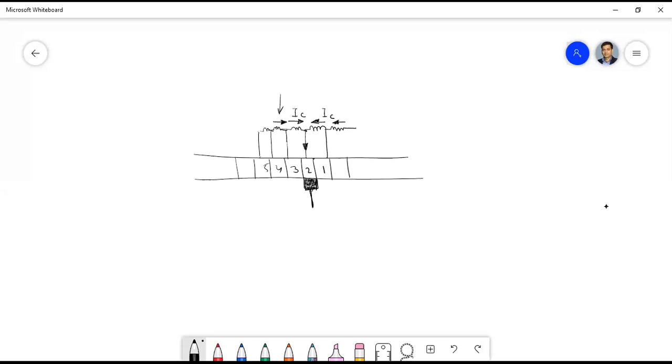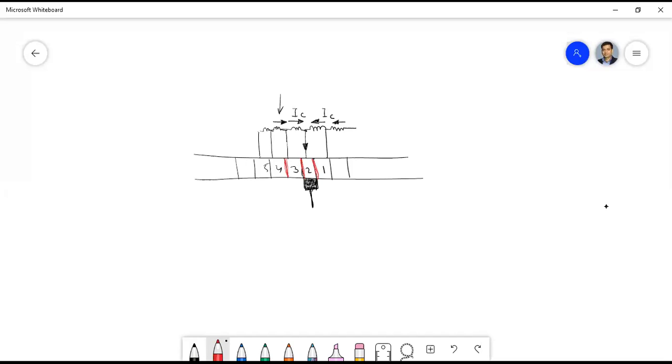Between two commutator segments you also have some material. How does this separation form? Mica. Okay, if you have gone through that experiment in the basic electrical engineering laboratory, you should know that the separations are made by mica. Mica is a very good insulator and it can withstand very high temperature as well.